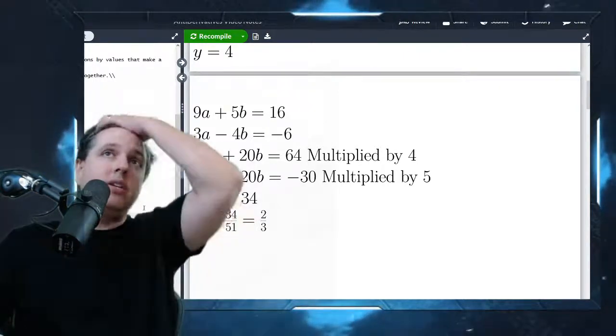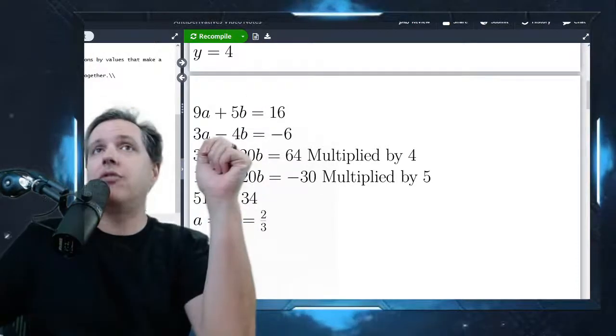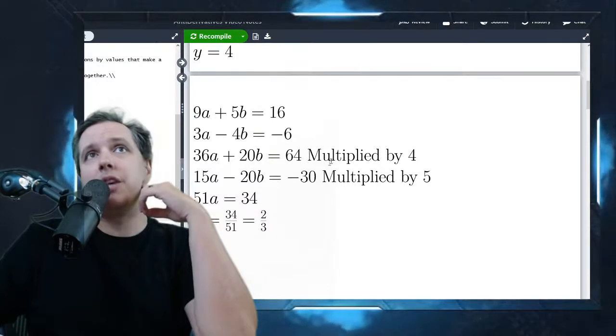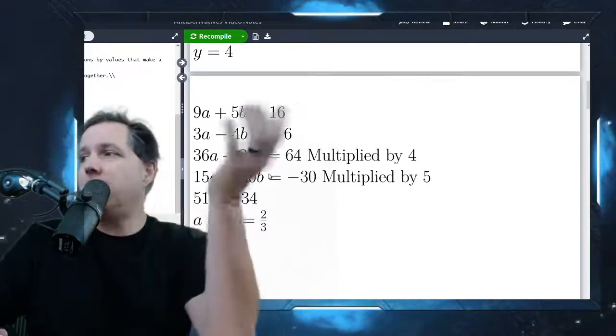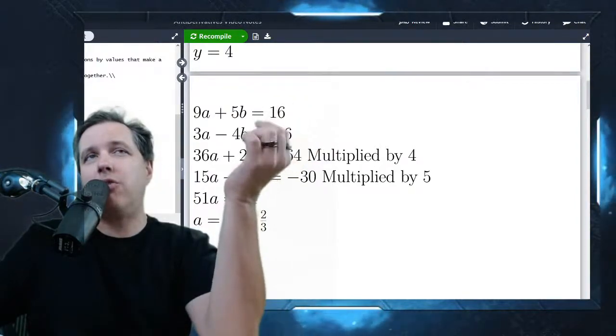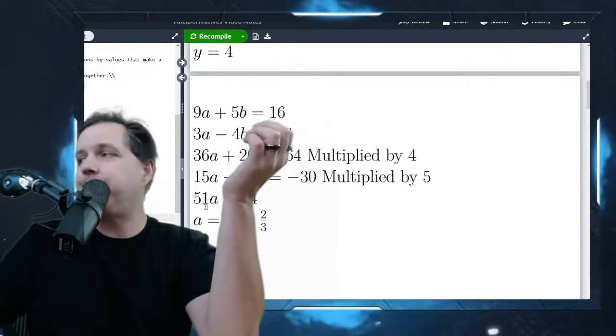Now all we do is we go in and we have to plug a back in and get the other values. So notice this was that first step where I had to multiply both equations by something to get the variable to cancel. But with the elimination method, this is your hard step, figuring out what to multiply your equations by and then doing that. But once you do it, you get a pretty simple equation to deal with right here.